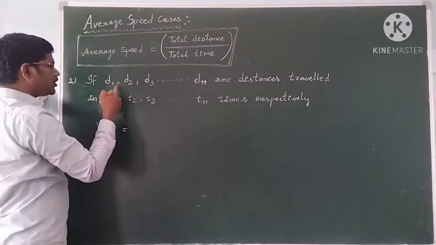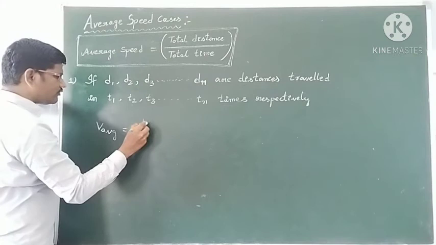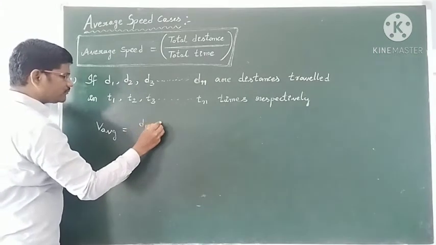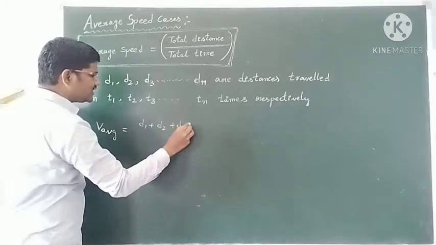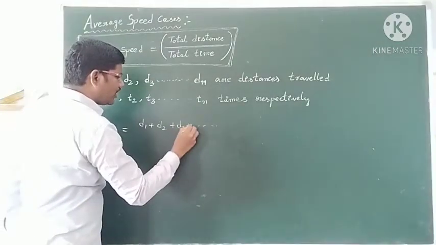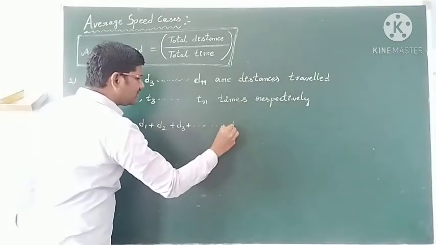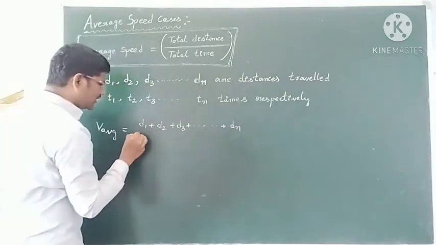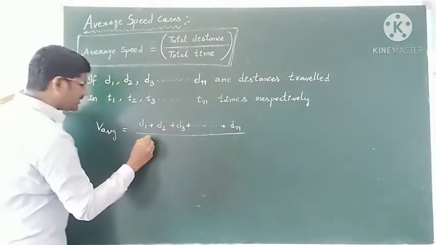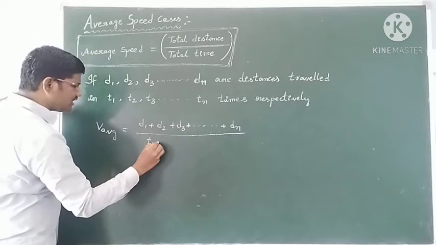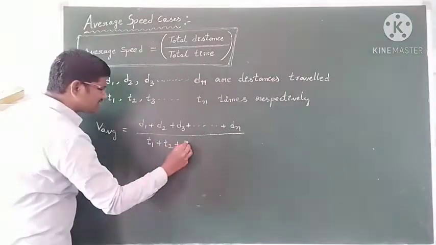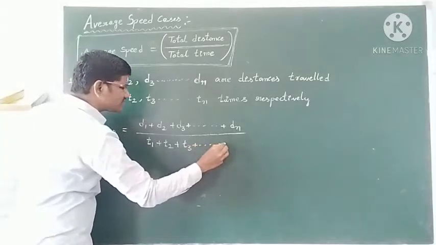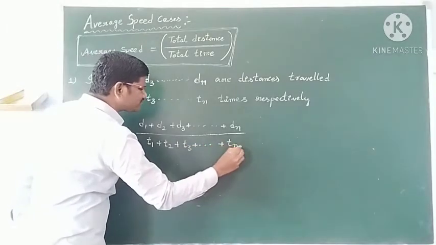Total distance means d1 plus d2 plus d3 plus so on dn, divided by total time, t1 plus t2 plus t3 plus so on tn.